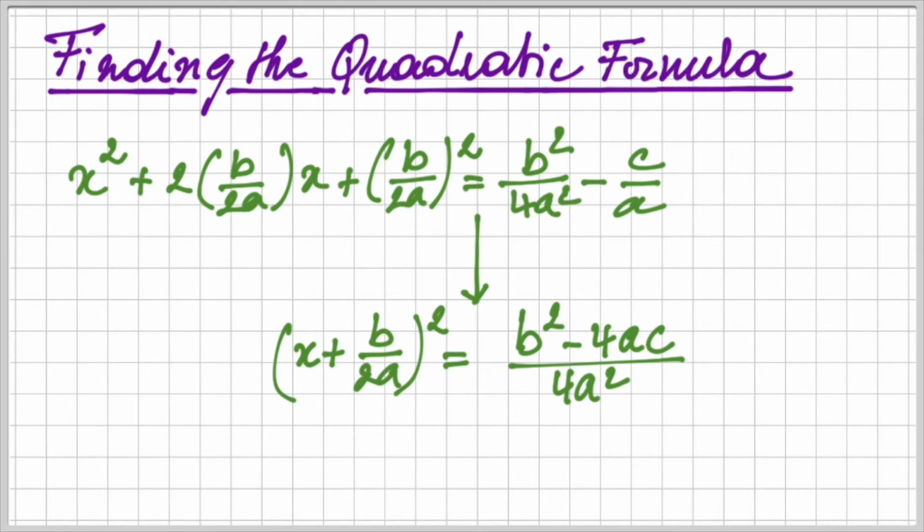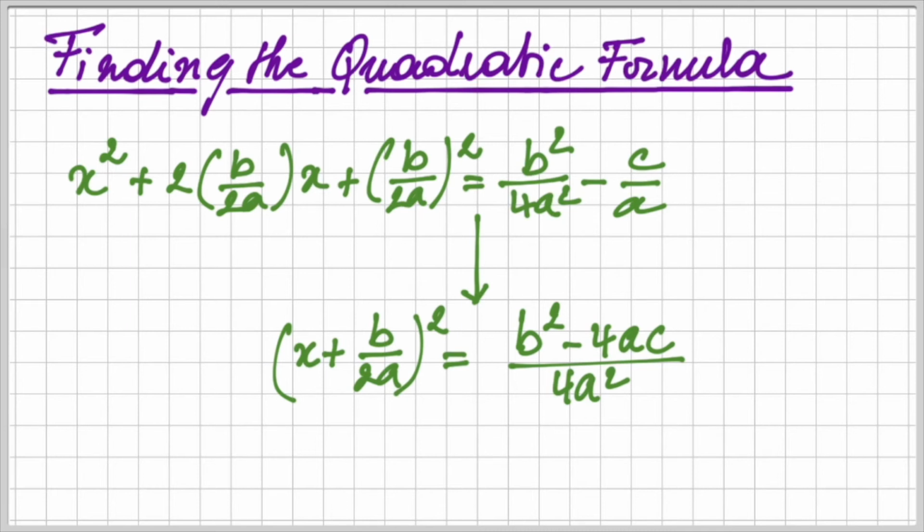And when we bring the right hand side to the same denominator, we see that the denominator of b squared is 4a squared. The denominator of c is a, so we have to multiply c divided by a with 4 times a. So we find the formula on the right hand side, which is b squared minus 4ac divided by 4a squared.